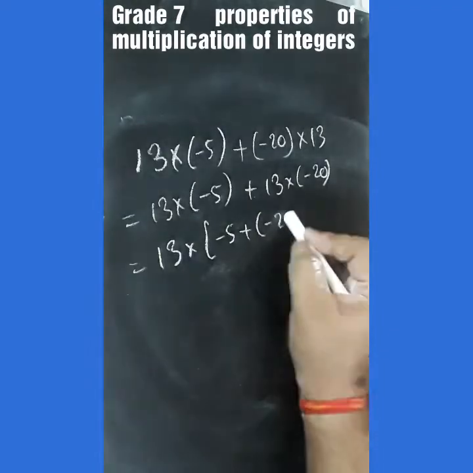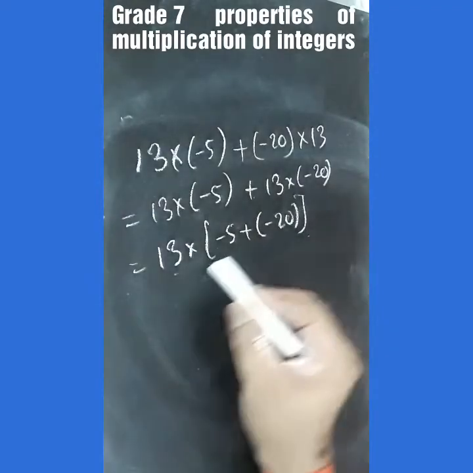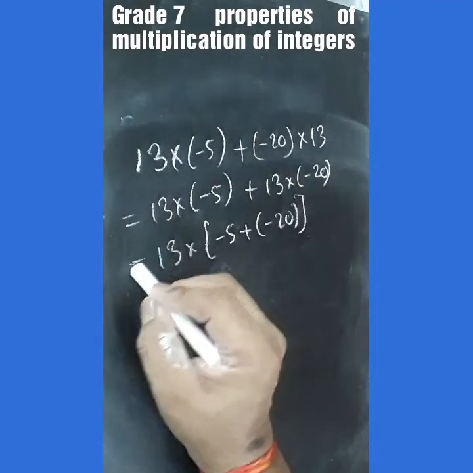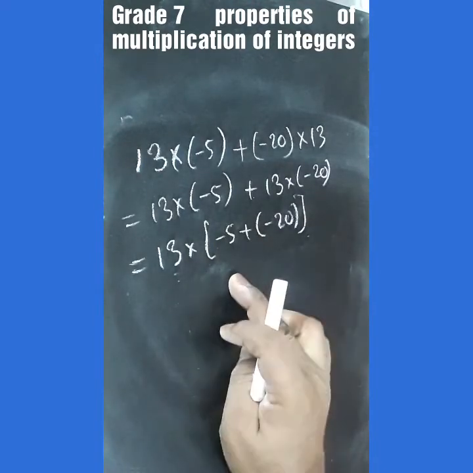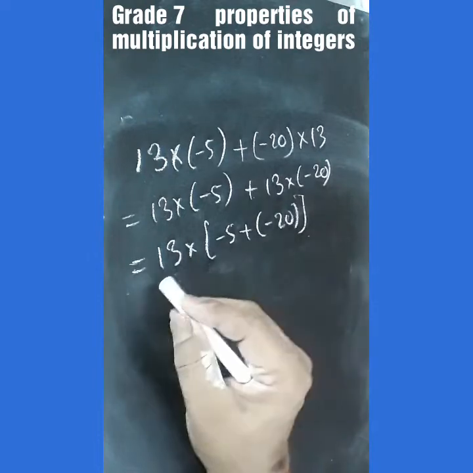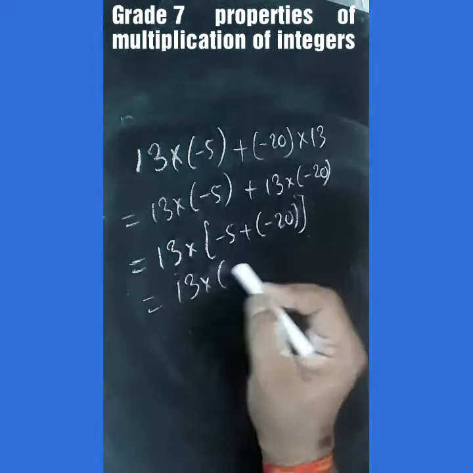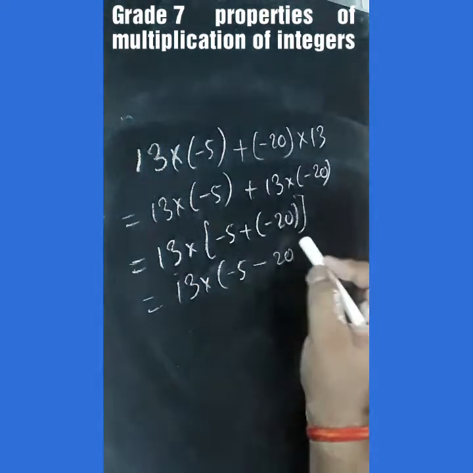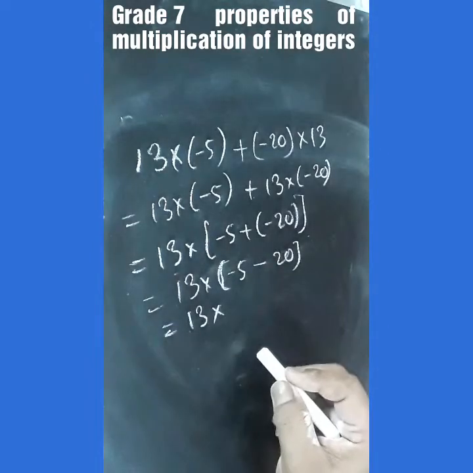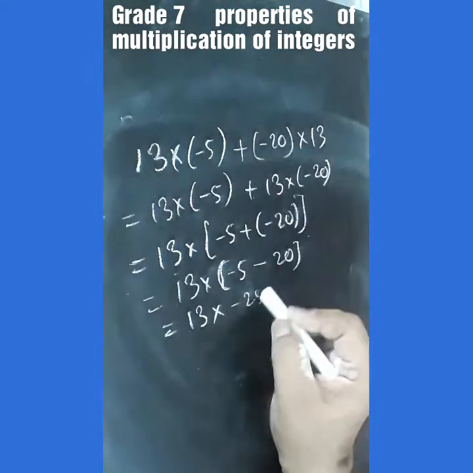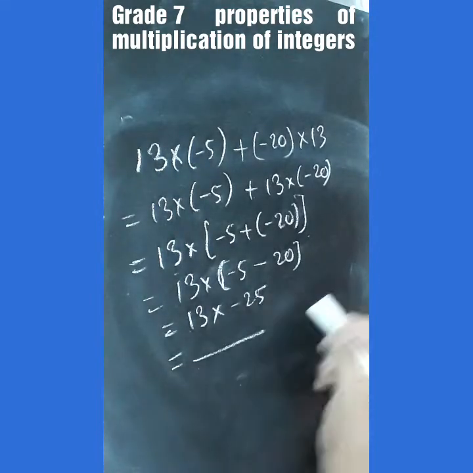Now this property we have just studied. This is called distributive property of multiplication over addition. We have used this property. Now 13 into (minus 5 minus 20), 13 into minus 25.